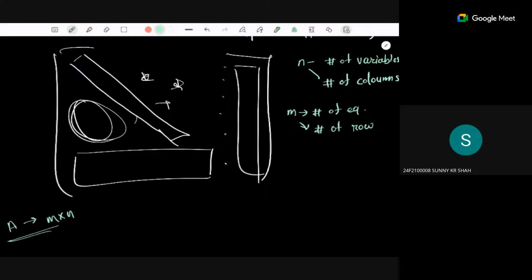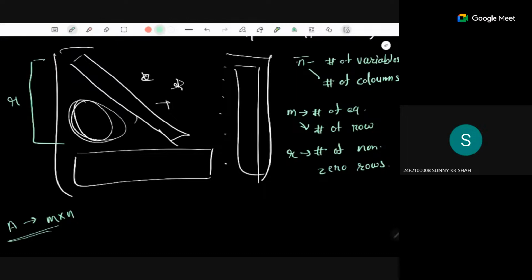Now we are also taking one more quantity, which is r. r is the number of non-zero rows. So n is the number of variables or number of columns, m is the number of equations or number of rows, and r is the number of non-zero rows.